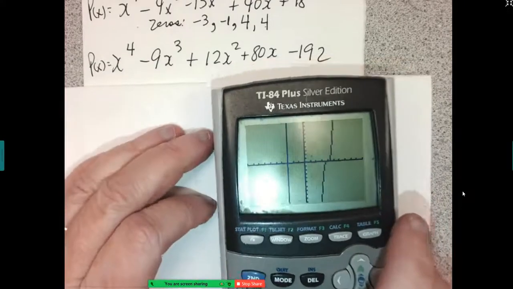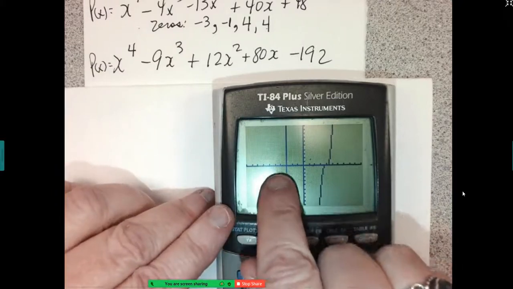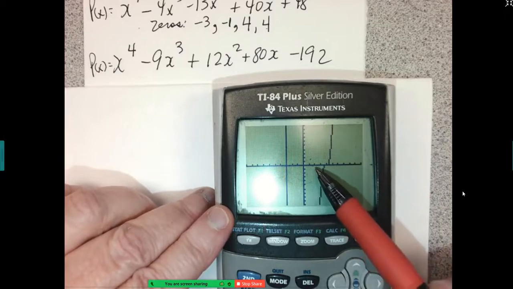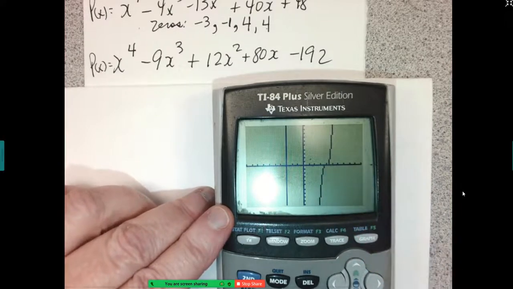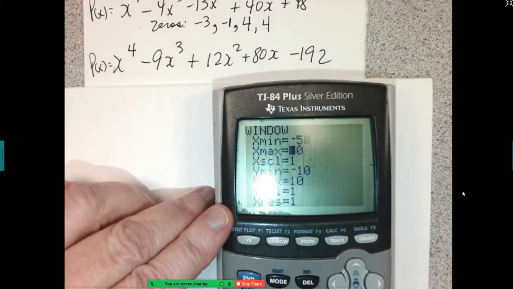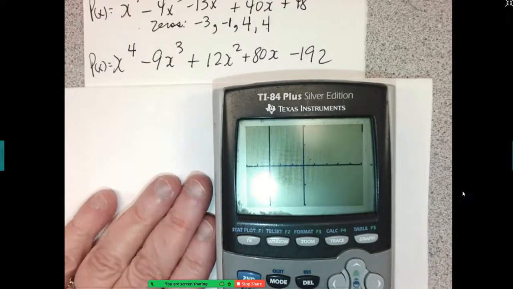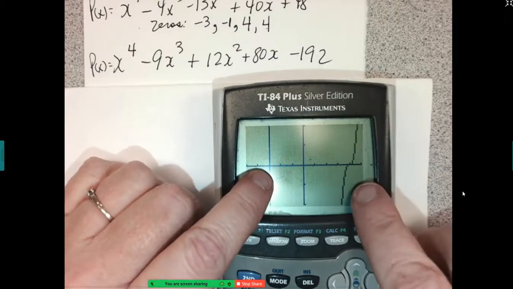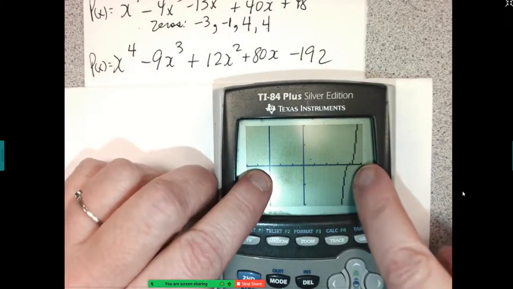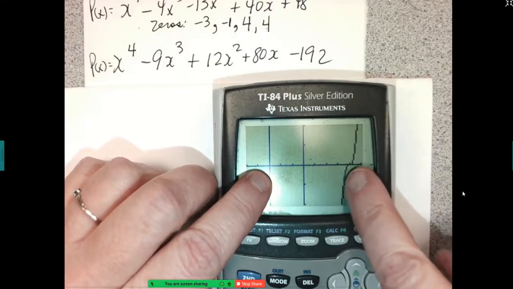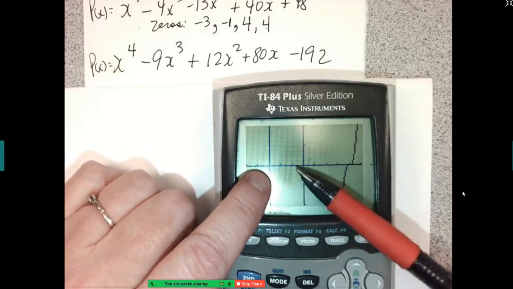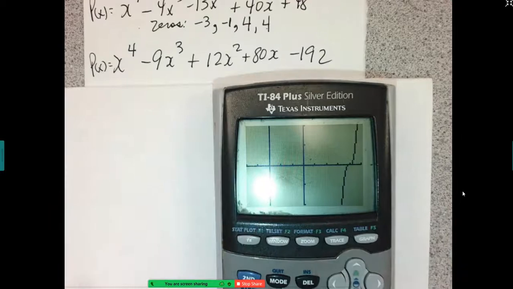Okay, so it looks like I have one at -3, and it also looks like I have one at 1, 2, 3, 4. All right, it definitely has odd multiplicity and looks like multiplicity 1. And this one, it looks to have that flattening effect. It's crossing through. So I would say that my zeros are going to be -4 is a zero of multiplicity 1.